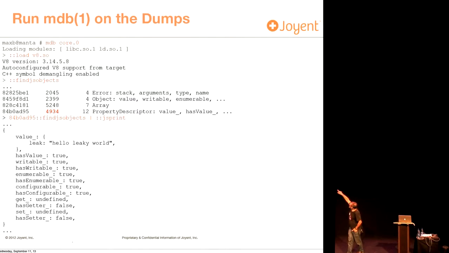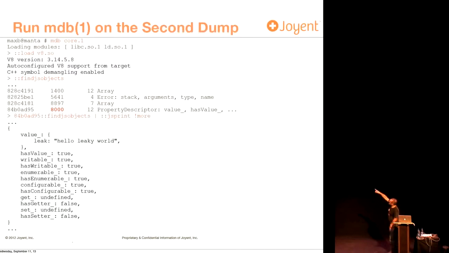I take this last one, and the reason I'm looking at the last one is that I'm not sure what to look at. But in the second dump, that last one, instead of being 4,000-something objects, is up at 8,000. So this is growing.